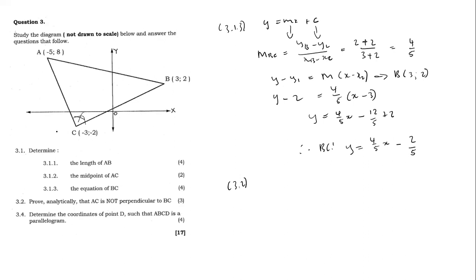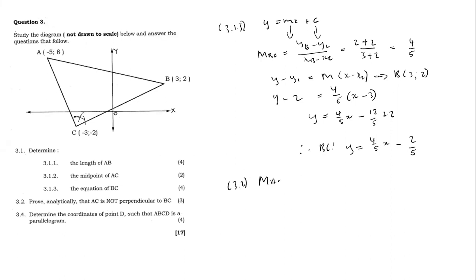You can also do it in this way. If this gradient is positive, the gradient of AC is supposed to be the reciprocal of BC, but negative. But let's just determine the gradient of AC.